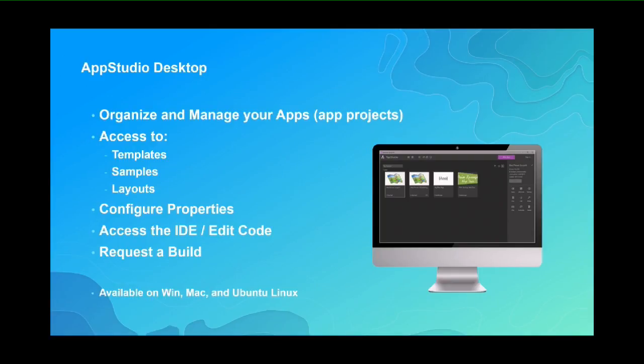A lot of the things that you might have to write in code in other places, like whether this app is going to be just for smartphones or smartphones and tablets, or whether this app is going to require permissions to access the location or the audio of my device, are all just simple toggles in the properties, where you don't have to write any extra code to declare those things. We do give you a full IDE to edit the code called Qt Creator, which is bundled with the install. And of course, we allow you to request a build with our Cloud Make.